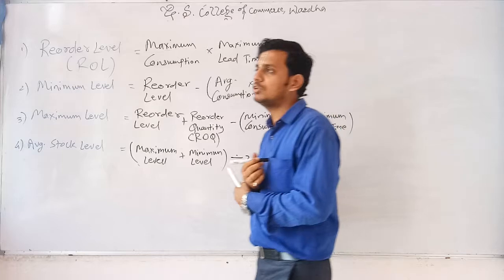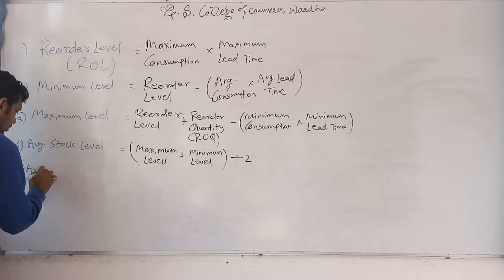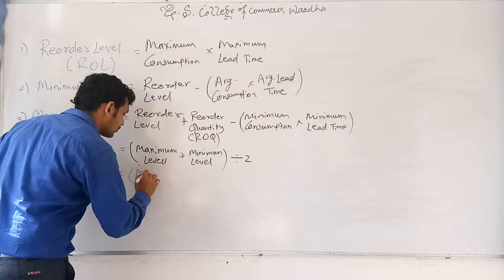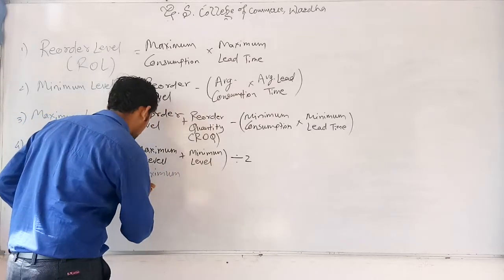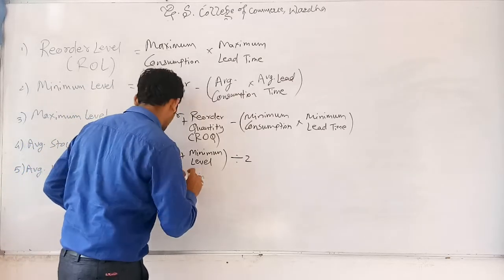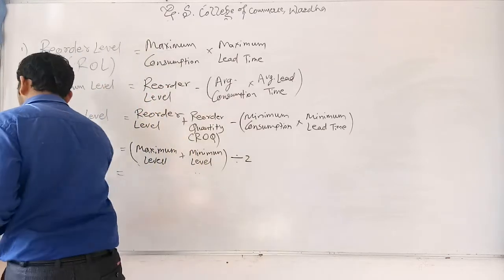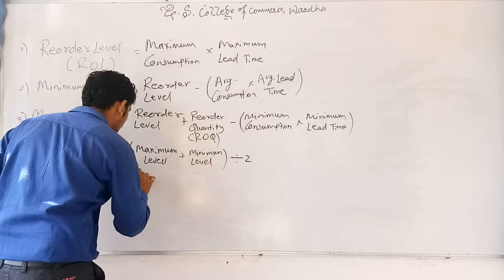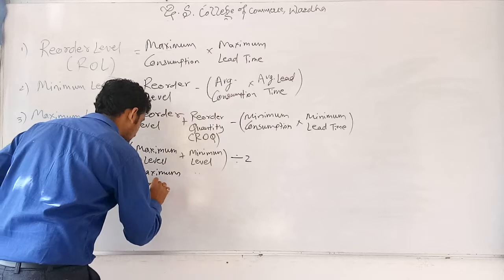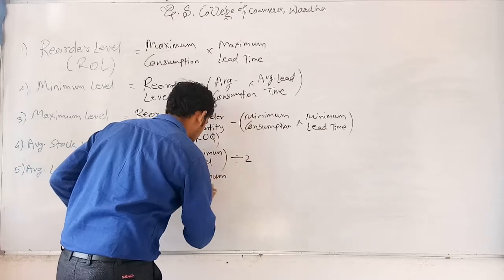Whereas for calculation of average lead time, average lead time would be maximum lead time plus minimum lead time, divided by 2.